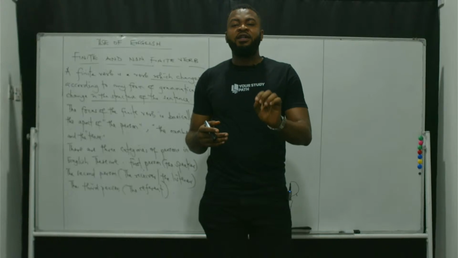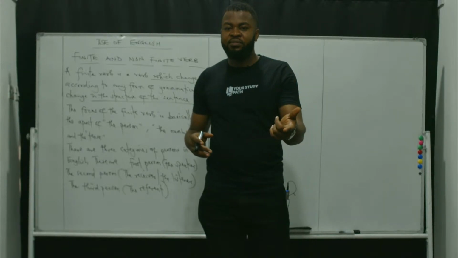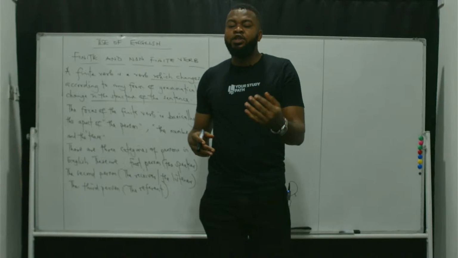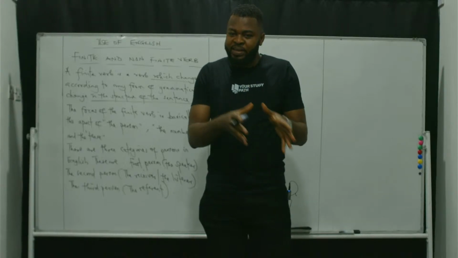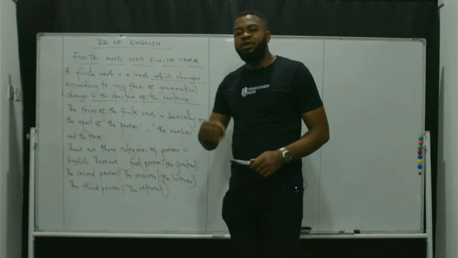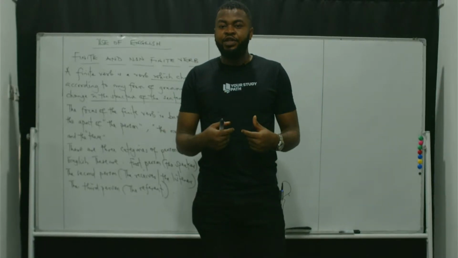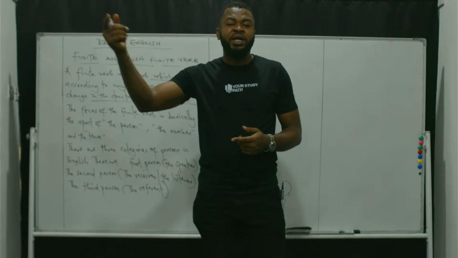For the fact that you are listening, you will be categorized as the second person. You are the listener, the receiver of the message, the second person in a grammatical category.